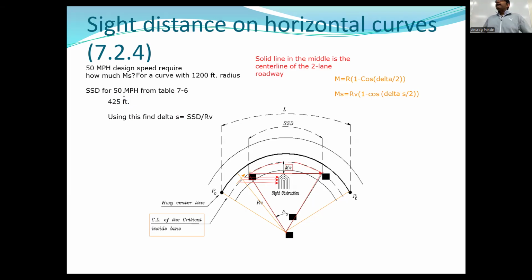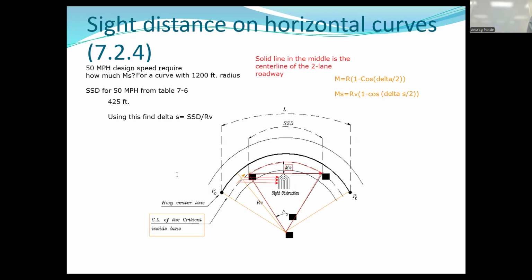That's a good question. Unless they specifically say the radius is measured from the center line of the critical inside lane, when somebody says a 1200 feet radius curve, that radius is always from the center line of the roadway.